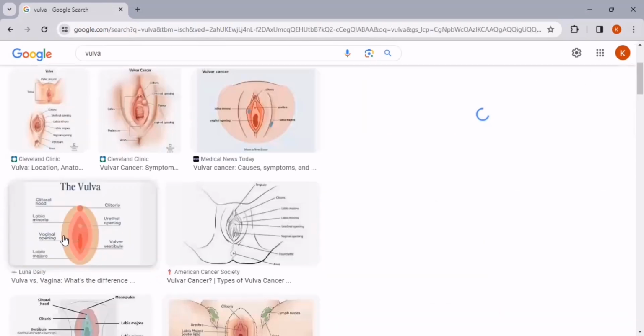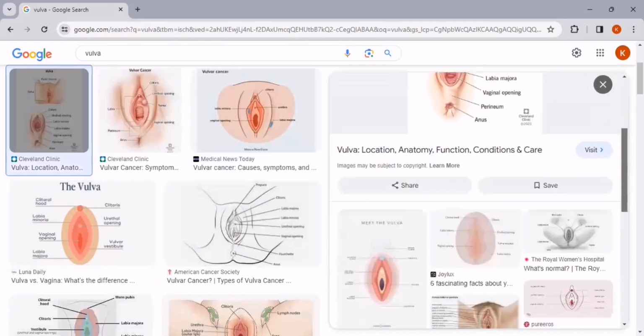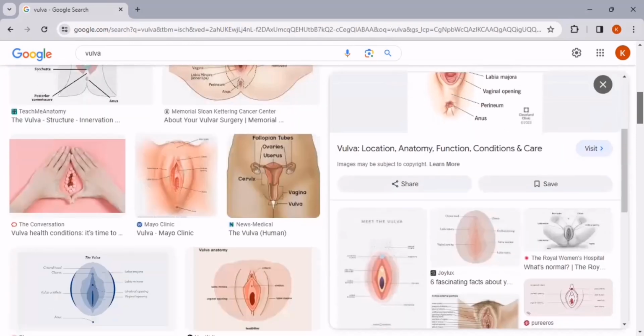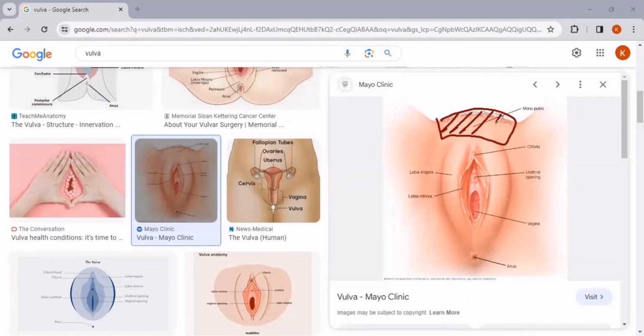So what you see externally is the vulva. This is the pubic region where you have the pubic hair. Can you see that? And then this is the vulva. So what you can see externally in the perineum of the female is the vulva.